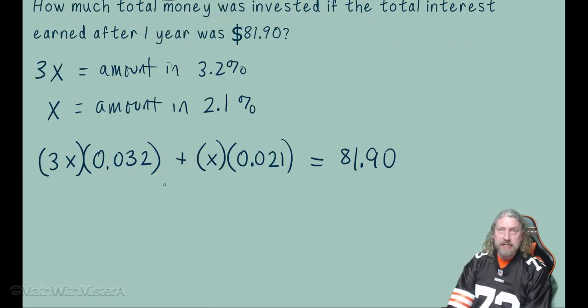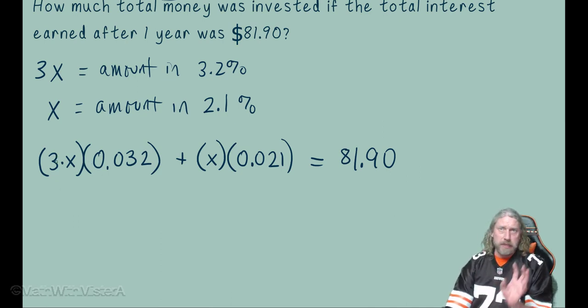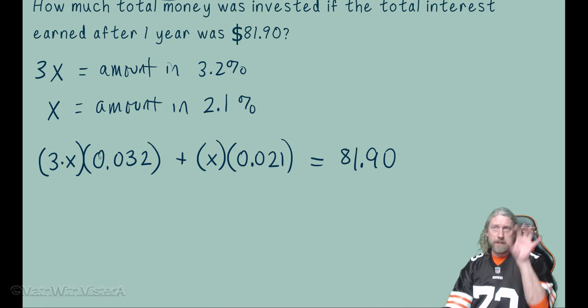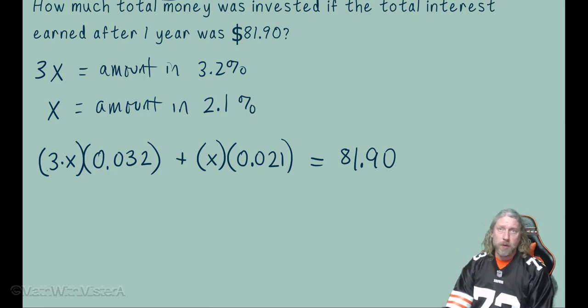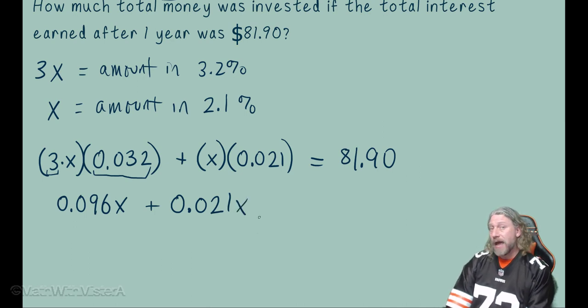We're looking at the left side of this equation to see what we can simplify. We have 3x times 0.032. And notice that we don't have two separate terms with an add or a subtract, so we're not going to distribute. We just have 3 times x times 0.032. So we'll multiply the 3 times the 0.032, and then multiply that by x. That gives us 0.096 times x. Then we'll go over to the next interest calculation, which is just 0.021 times x, so 0.021x.